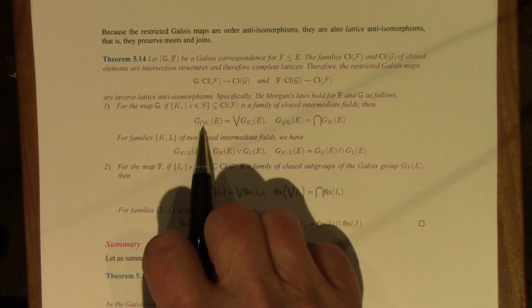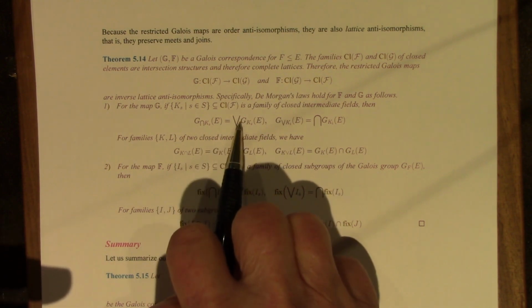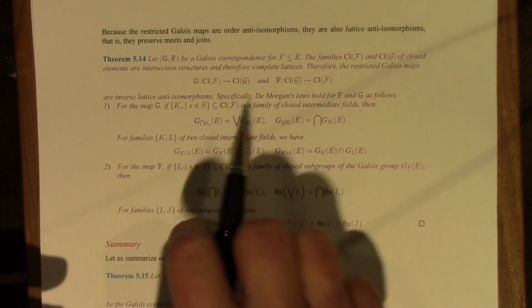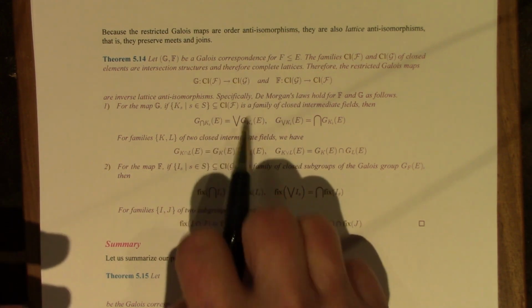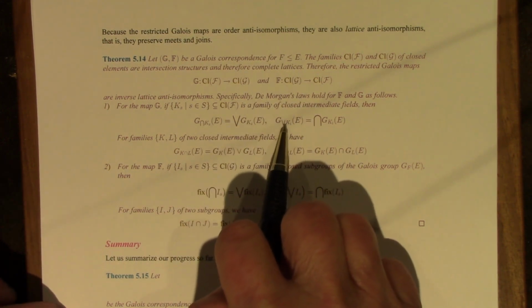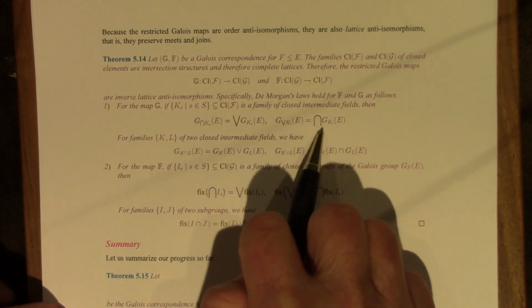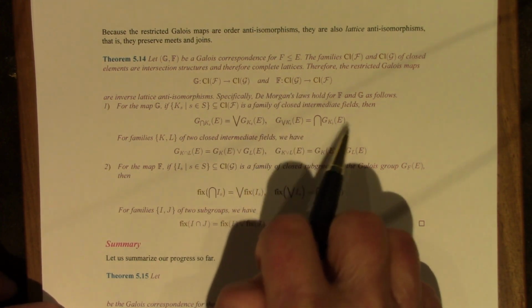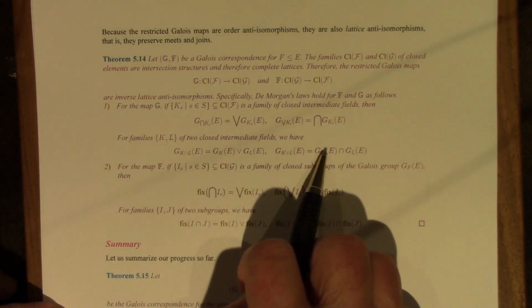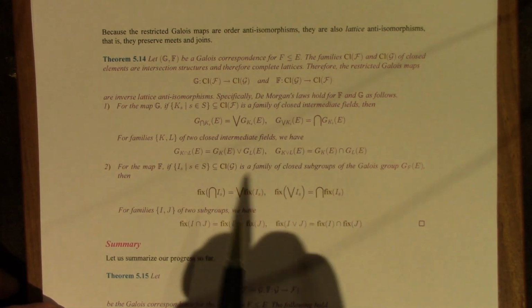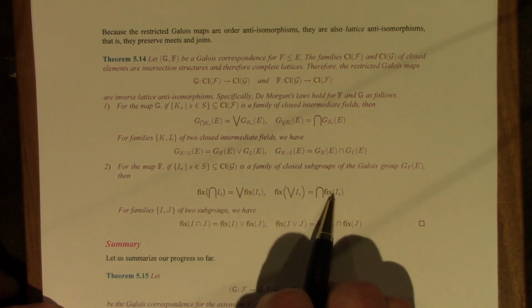We go from meet to join. If they were order preserving, you would go from meet to meet, and join to join. The Galois group of the join is the intersection or the meet of the Galois groups. This is what it looks like for two Galois groups. Same deal for fixed fields. And I'll let you read that carefully.